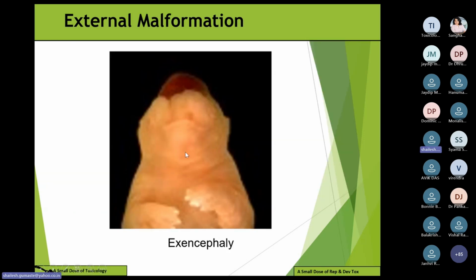This is exencephaly. Exencephaly means the brain is out of the cranial cavity. It is a congenital disorder characterized by exposure of the brain through large defects in the skull. This condition occurs when the neural tube fails to close properly during embryonic development.